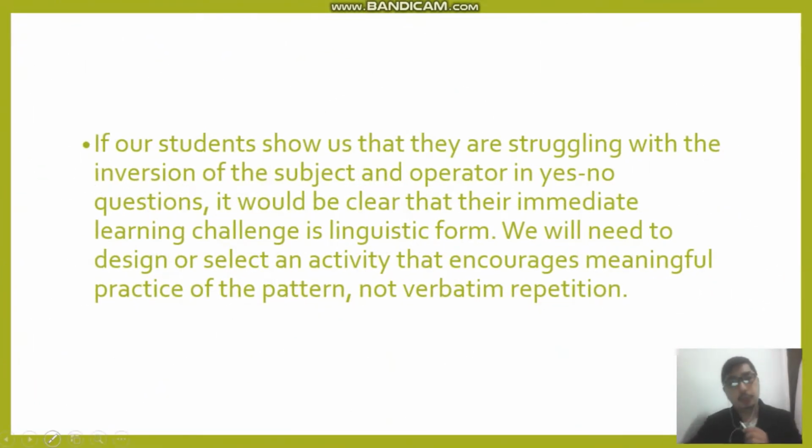If our students show us that they are struggling with the inversion of the subject and operator in yes-no questions, for example, it would be clear that their immediate learning challenge is linguistic form. We will need to design or select an activity that encourages meaningful practice of the pattern.